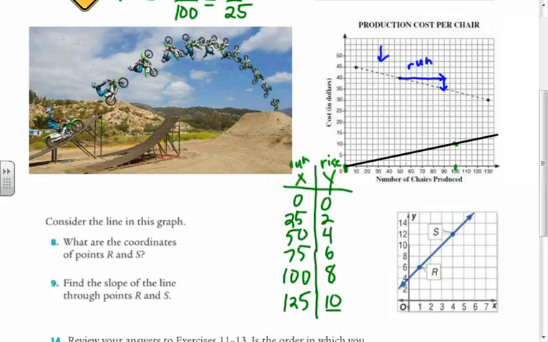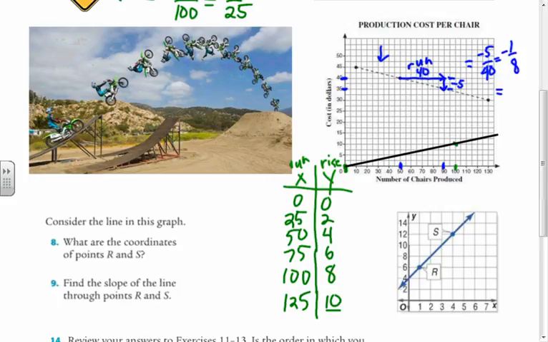So now I'm going to count. Notice that the line goes from 50 to 90. Well, that's 40, so my run is 40 there. Then I'm going down from 40 to 35, that's down 5. So I can write that my rise over run is negative 5 over 40, which is the same as negative 1/8.